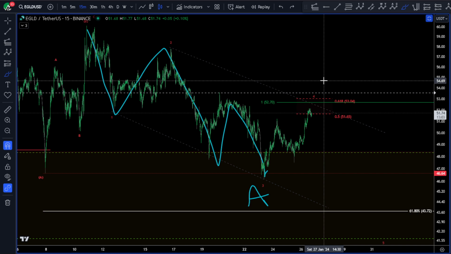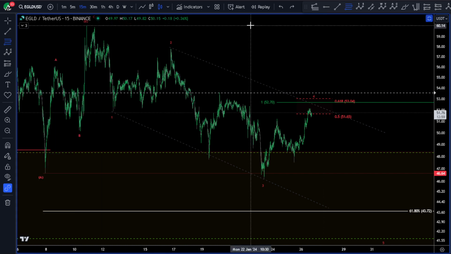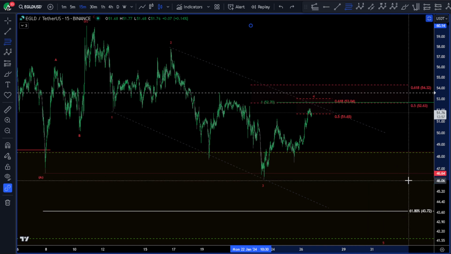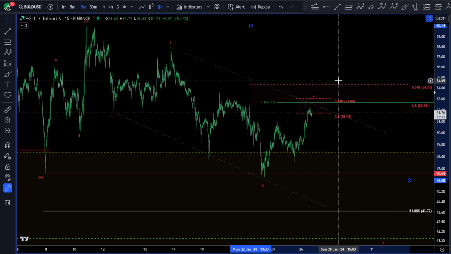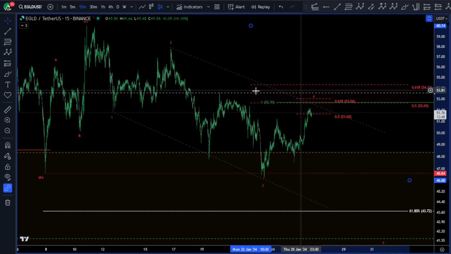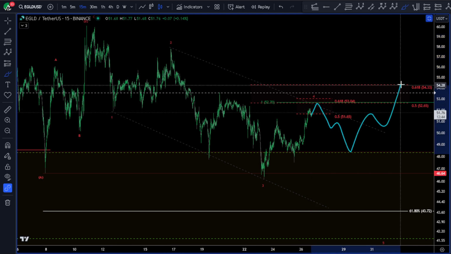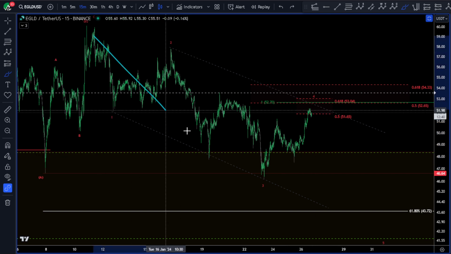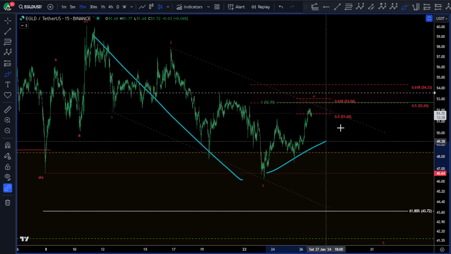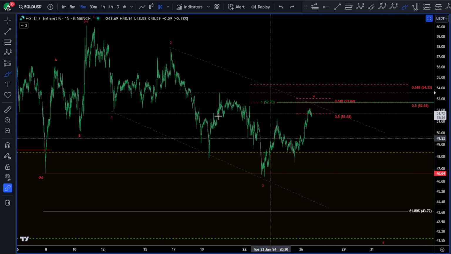In that scenario, we can come from this entire move to the 50 and the 618, right? which isn't that much further than the current price action now. That's at around $55 max. And that could get just a little bit more complex where we do something like this. And then we get our C wave to the downside, because we would be correcting this move and expect it to take a decent amount of time, right, before we make that C wave to the downside.